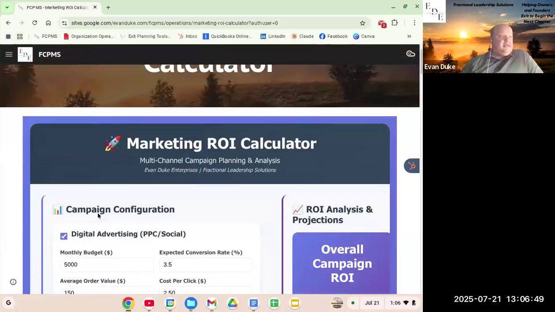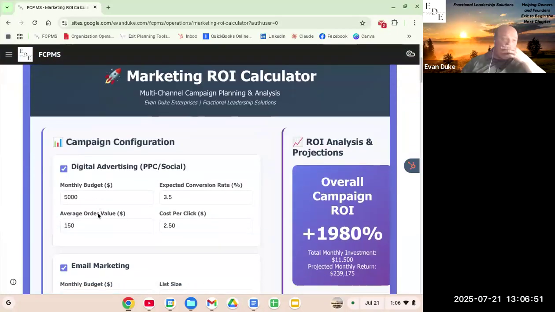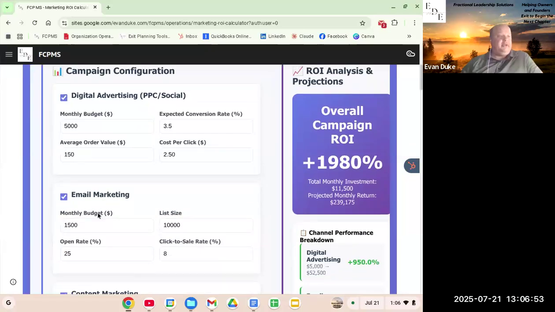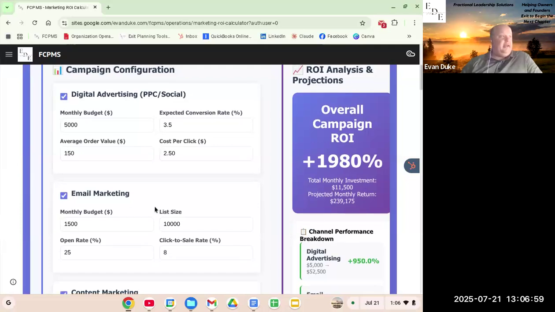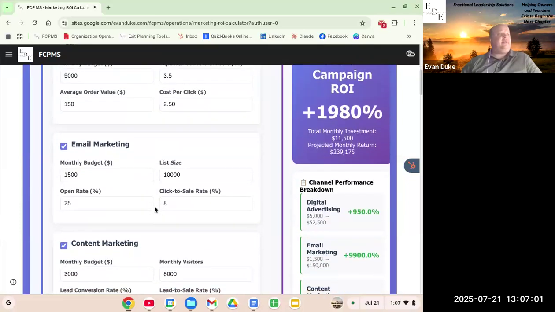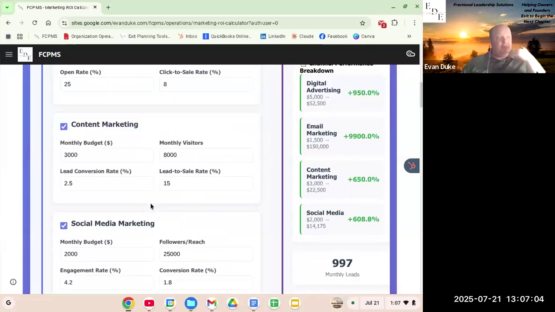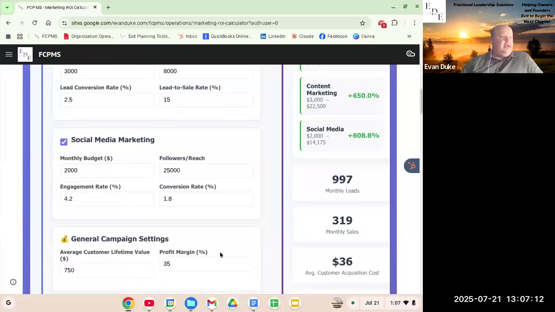Next is the marketing ROI calculator. What this is designed for is helping us give a very thorough calculation of a multi-channel marketing campaign. You can see digital advertising, email marketing, content marketing, which could include print, direct mail, and social media marketing.